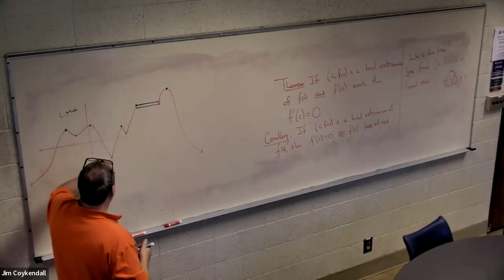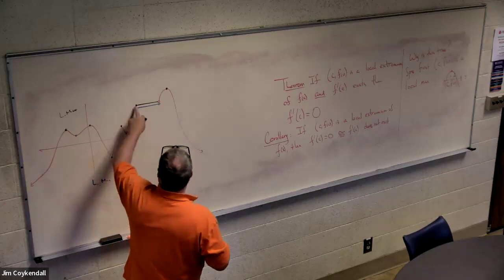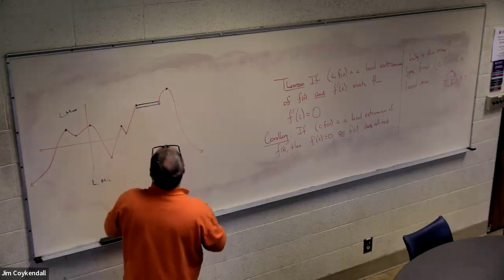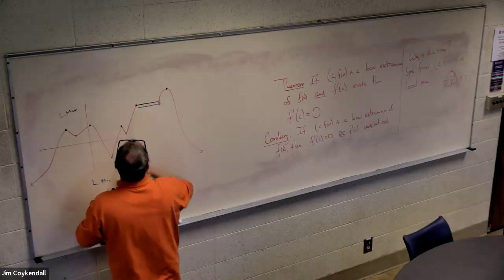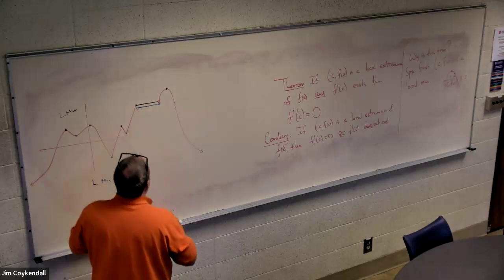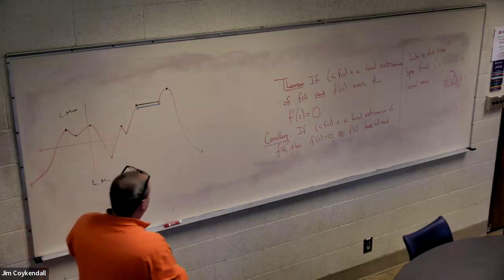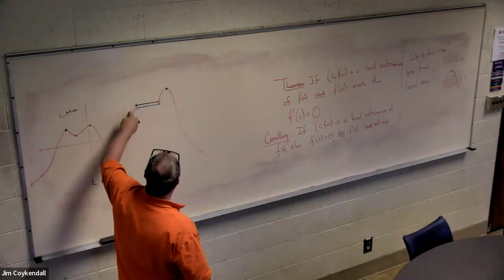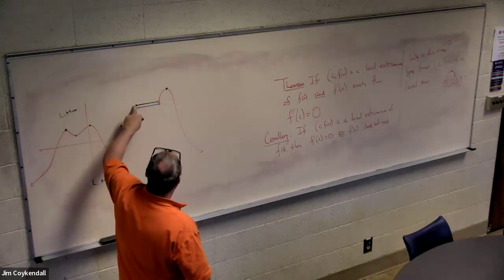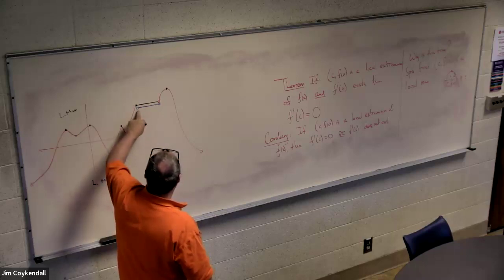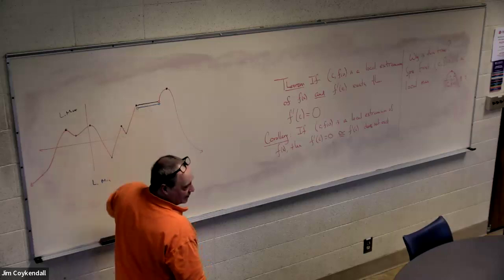Smallest in the neighborhood, smallest in the neighborhood, smallest in the neighborhood. The joint point is the biggest in the neighborhood. This joint point is greater. It beats the people on the left and ties the people on the right. This one actually can't be a local min, but everything over there can.